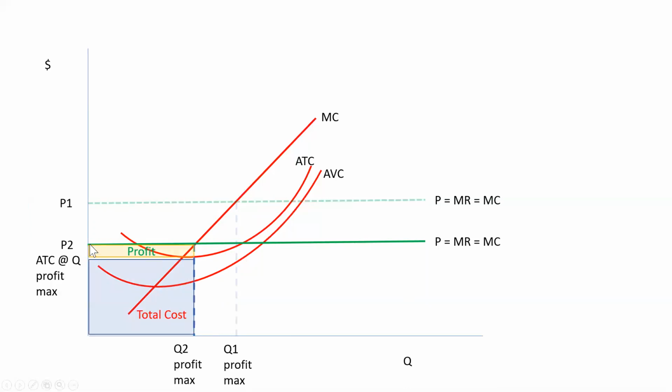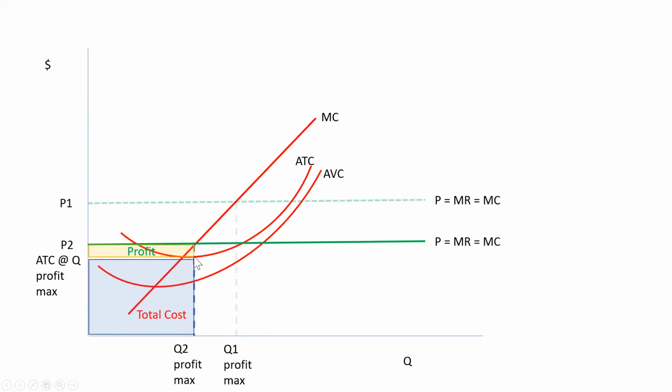Now our total revenue has shrunk. Our total revenue is now P2 times Q2, so this whole rectangle here is our new total revenue, whereas before it was P1 times Q1. So it's shrunk down to this smaller rectangle.